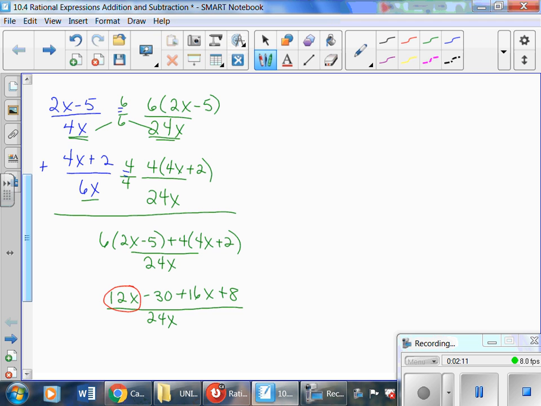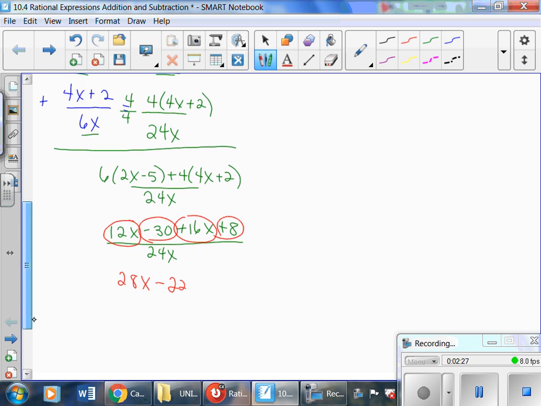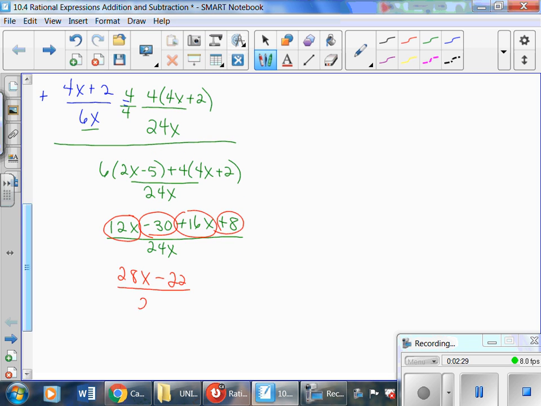So 12x and a positive 16x is a positive 28x, minus, and we have negative 30 and a plus 8, which is minus 22, over 24x. And if I reduce this all by 2, I get 14x minus 11 over 12x, which is my final answer.